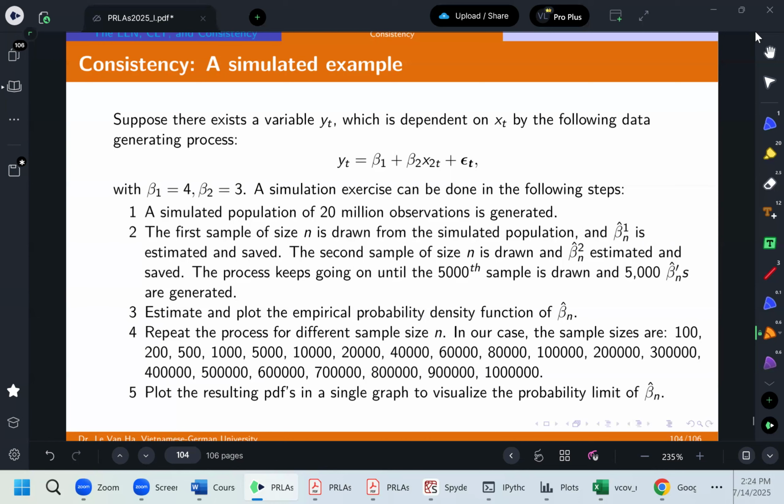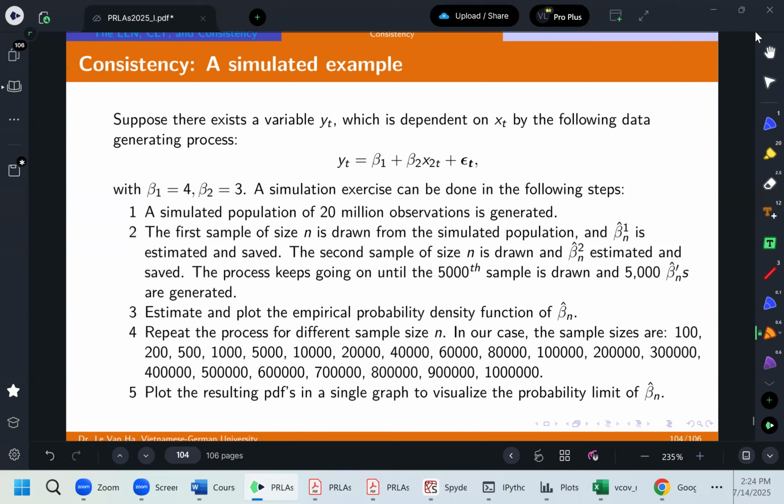2, the first sample of size n is drawn from the simulated population, and beta n1 is estimated and saved. The second sample of size n is drawn, and beta n2 is estimated and saved. The process keeps going until the 5,000th sample is drawn and 5,000 betas are estimated.